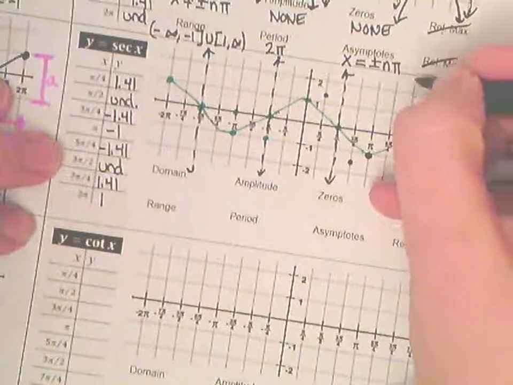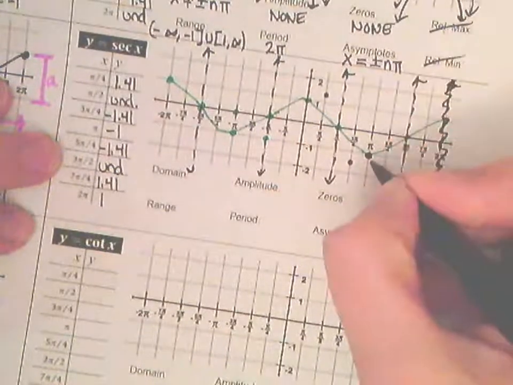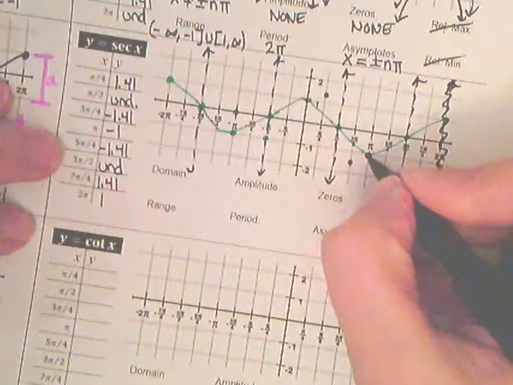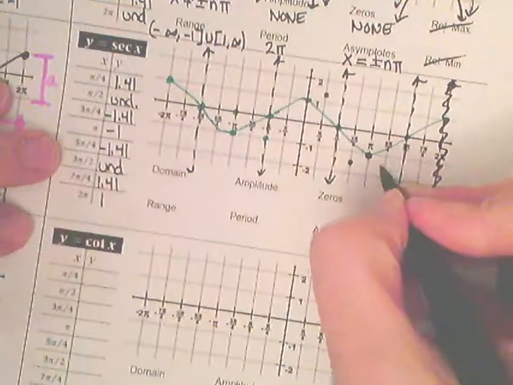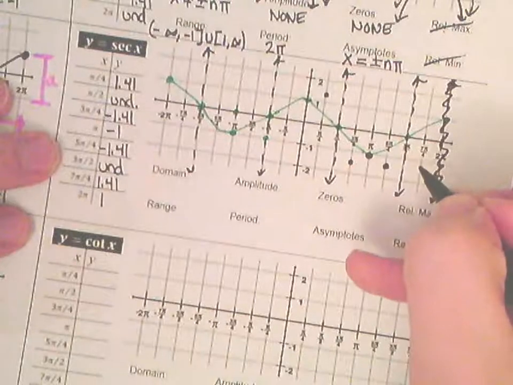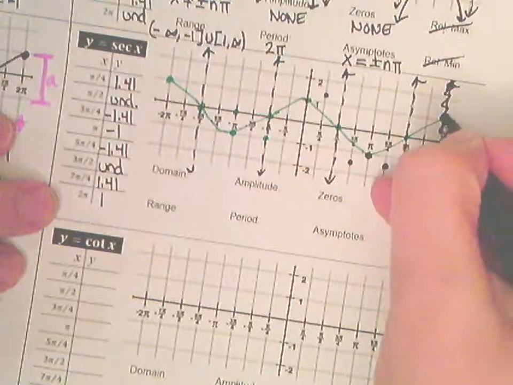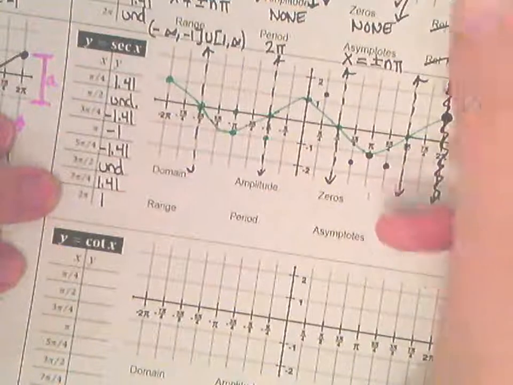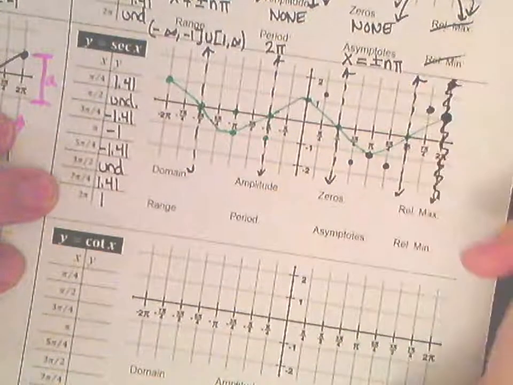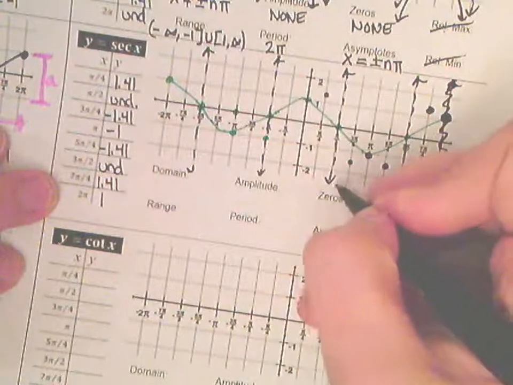Sorry, guys. That's what happens when you redo something. All right, at pi, it's at negative 1. At 5 pi over 4, we are at negative 1.41. And at 2 pi, we are actually going to be at 1. And at 7 pi over 4, we are at 1.41.